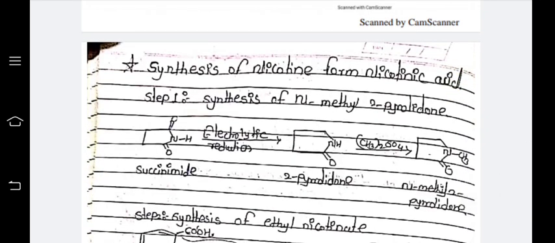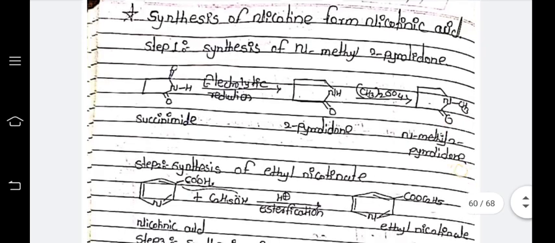Next is synthesis of nicotine from nicotinic acid. In this part we synthesize nicotine from nicotinic acid. Step one is synthesis of N-methyl pyrrolidine from succinic acid, by electrolytic reduction, pyrrolidine, N-methyl pyrrolidine. Step two is synthesis of ethyl nicotinate: nicotinic acid reacts with ethyl alcohol, esterification gives ethyl nicotinate.